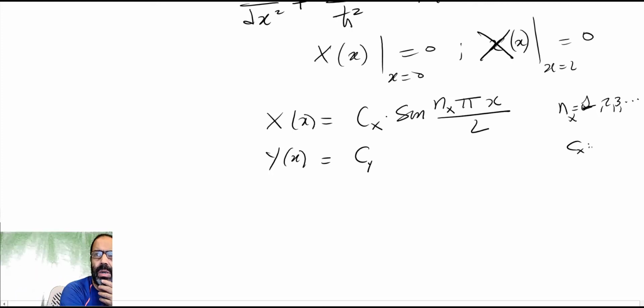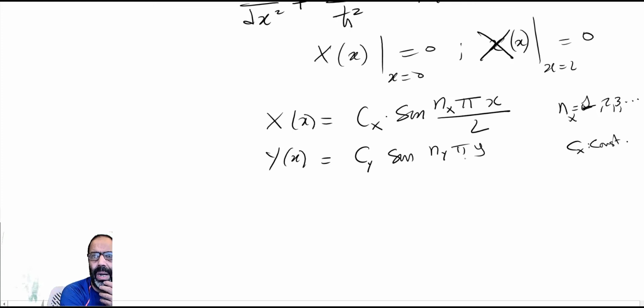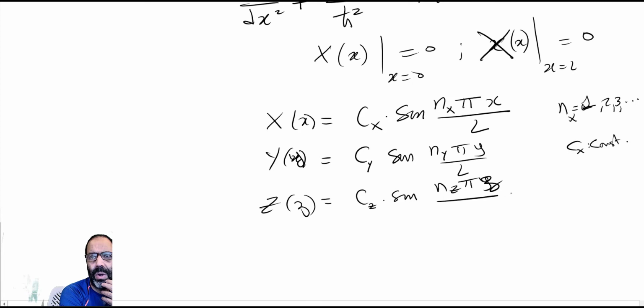Okay, so this is a constant times again the same thing, sine of ny pi y over L, and finally Z of z is equal to Cz, which is another constant, times sine of nz pi z over L.